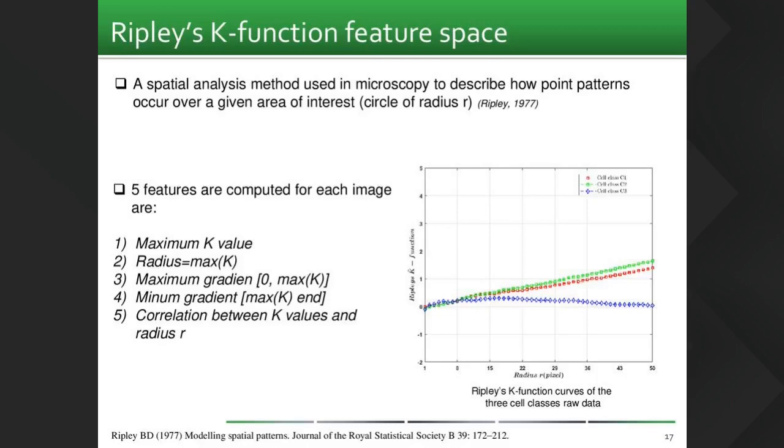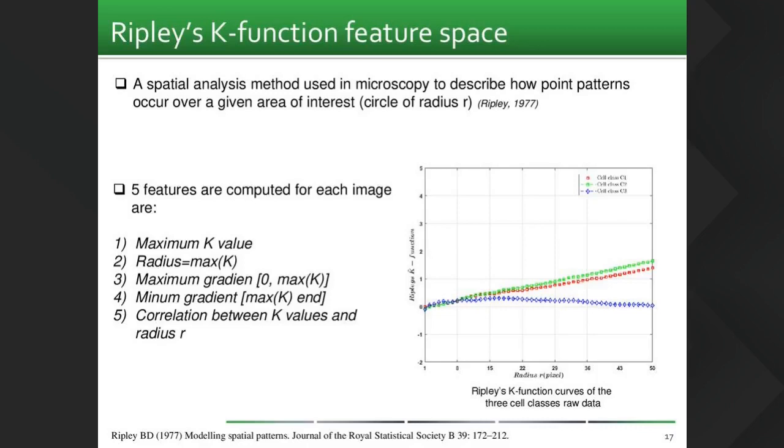When we increase the radius r, we get a curve such as the one presented in this slide, Ripley's K function of the radius. We present here these curves for the raw generated data for the cells C1, C2, and C3. If we analyze these curves, we can extract 5 types of features from them.